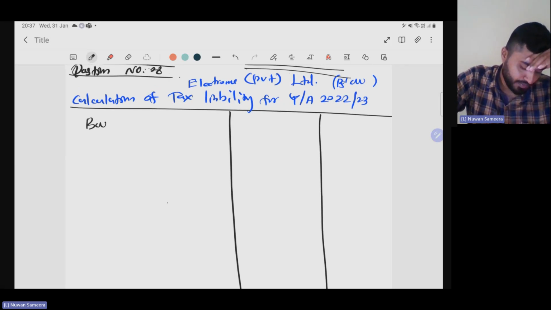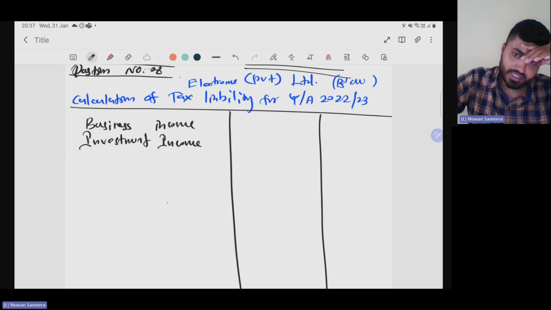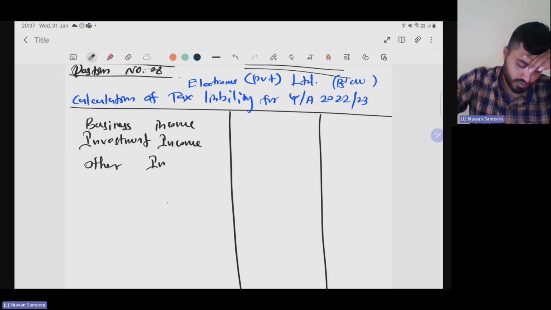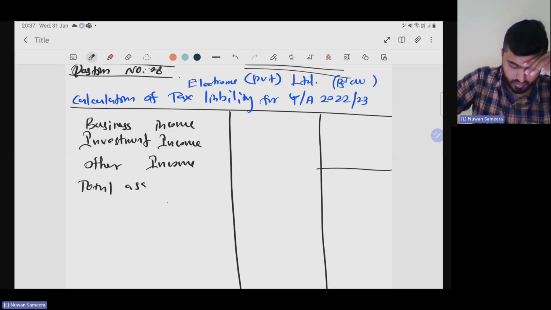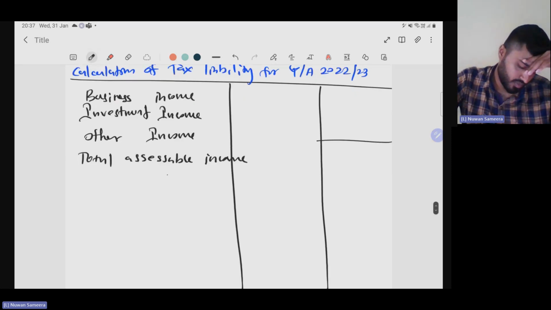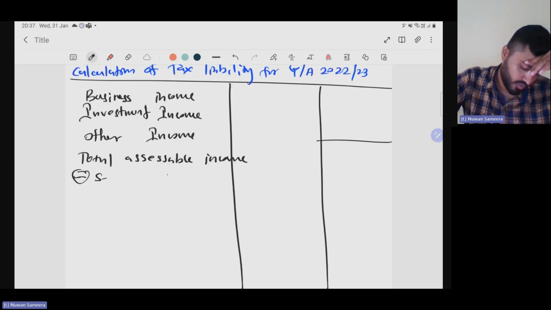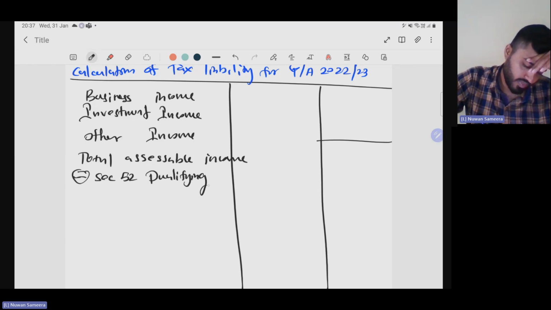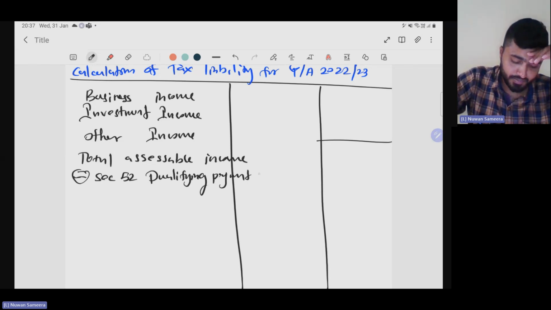So here: business income, investment income and other, then qualifying payments and reliefs.